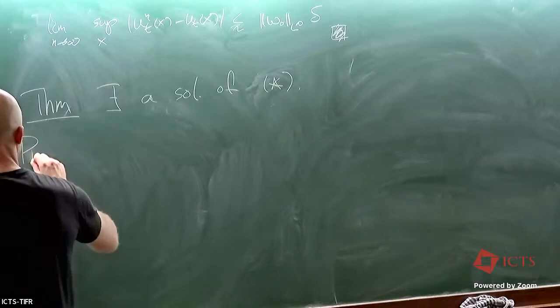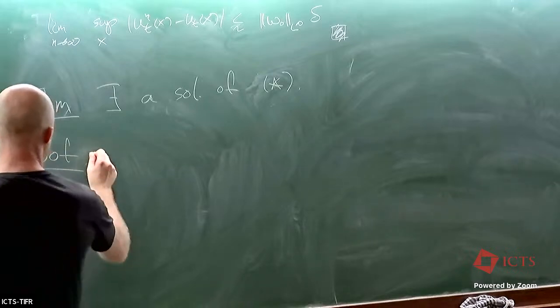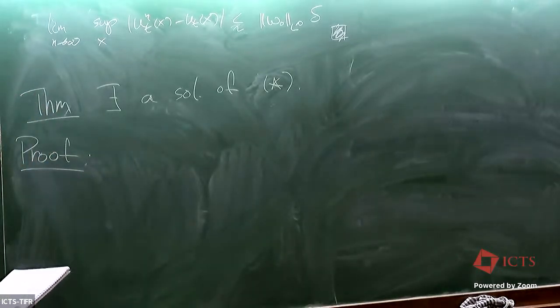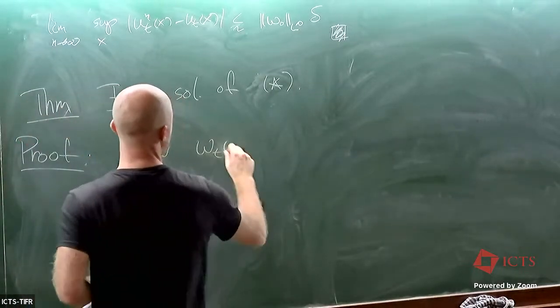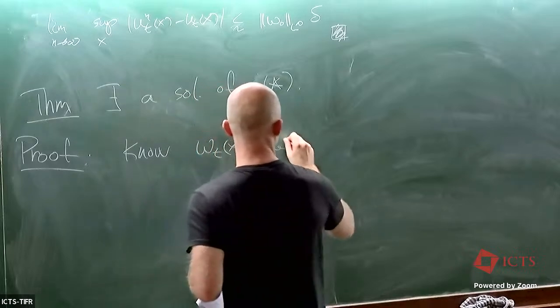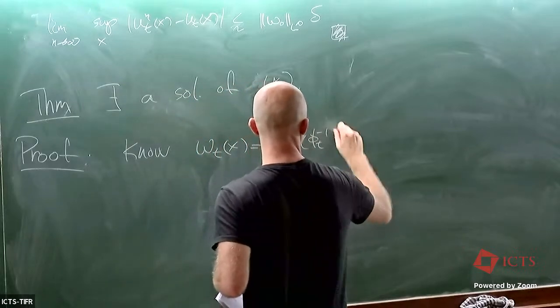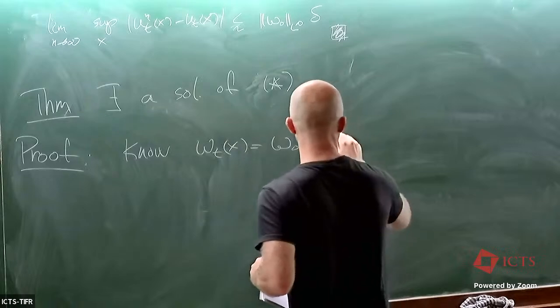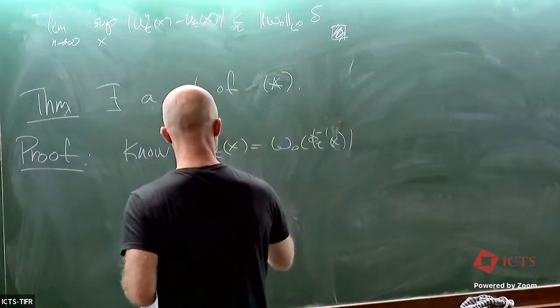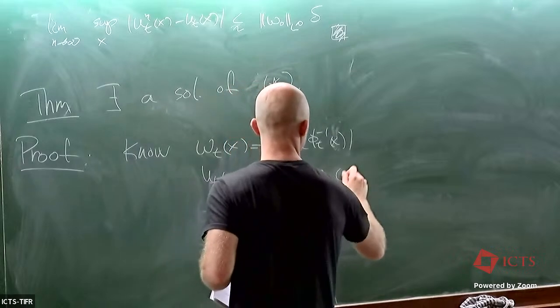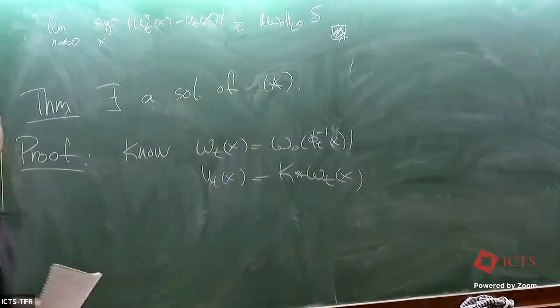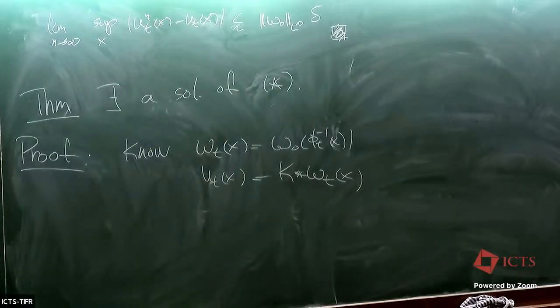Okay, so we're ready to finalize the proof of existence now. We know, simply because we defined it, omega to be exactly the inverse flow. And we defined u to be the convolution with this kernel. The only thing that's left to check is that phi is actually the flow of this equation here.